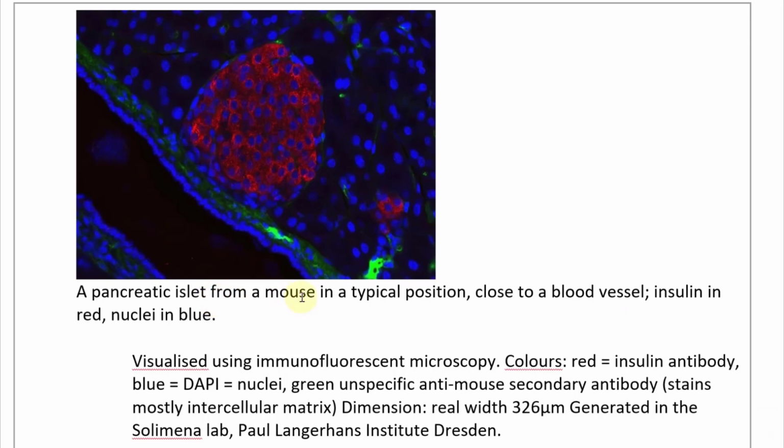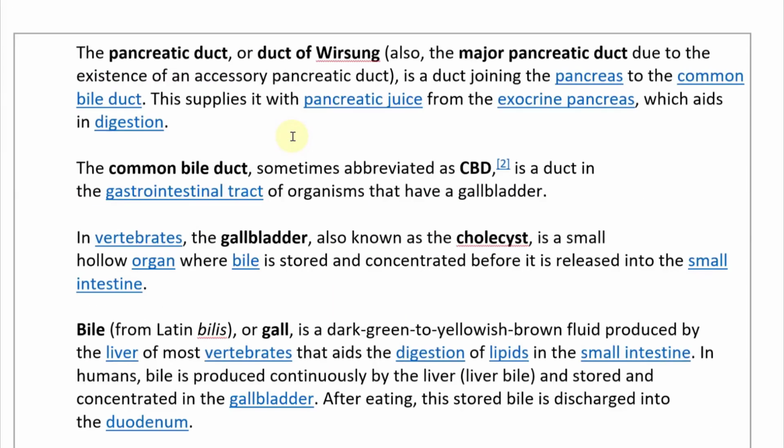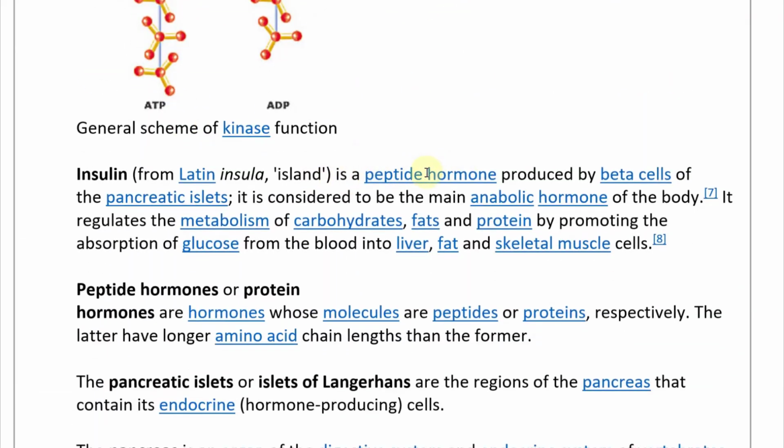So here are pancreatic islets from a mouse in a typical position, close to a blood vessel, insulin in red, nuclei in blue. So there's the insulin right there in red, and the nuclei in blue there. And it's fascinating stuff. And then insulin, let's just refresh on that. Insulin is a peptide hormone produced by beta cells of the pancreatic islets.